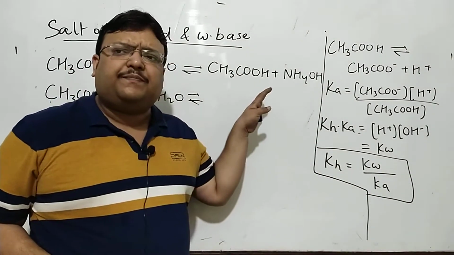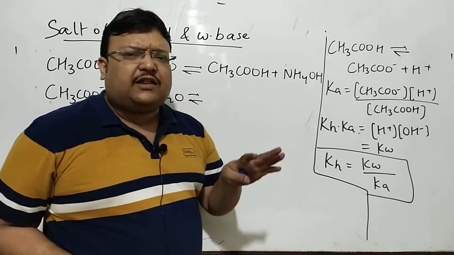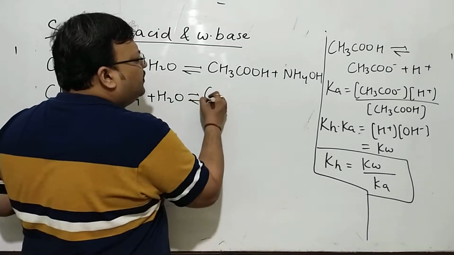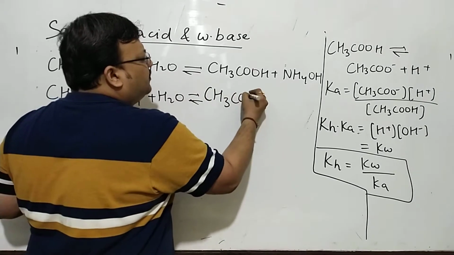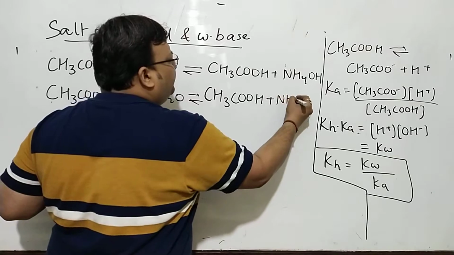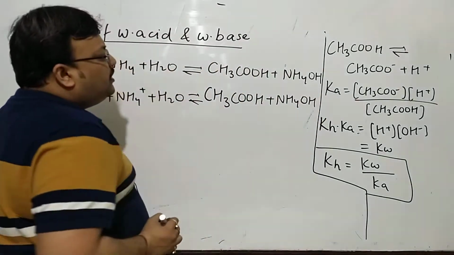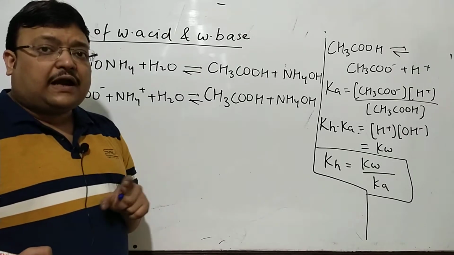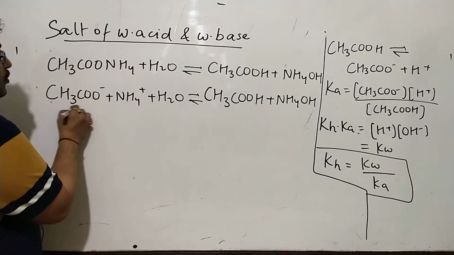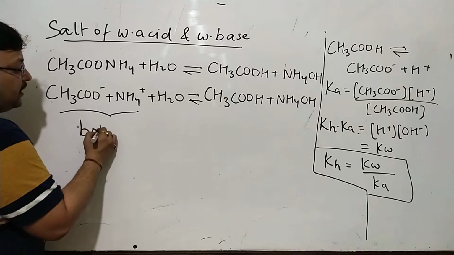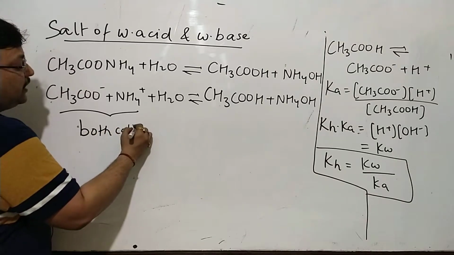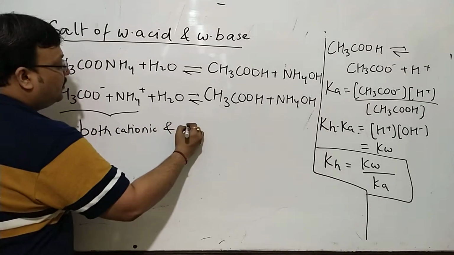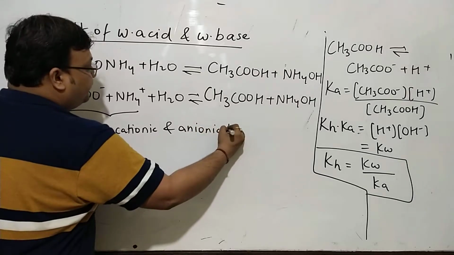Acid is also weak, base is also weak, we cannot break both. Both are weak, so neither the acid nor the base will break. And it will look like a case of both cationic and anionic hydrolysis.